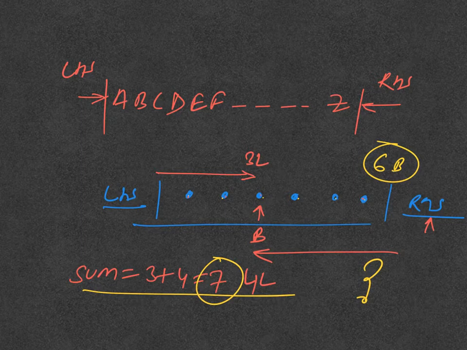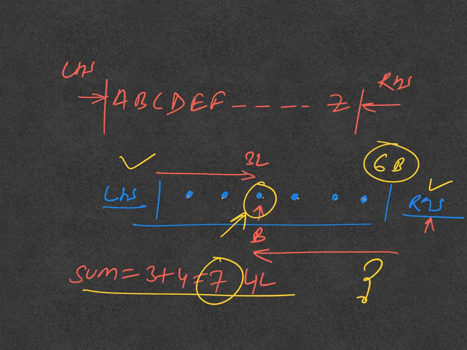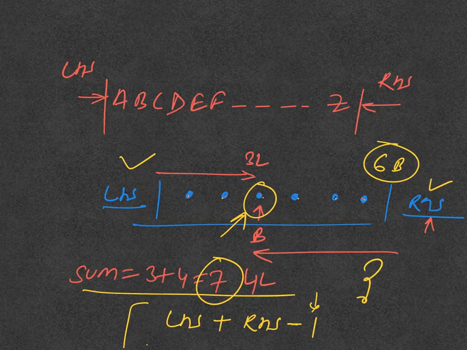The reason is we have counted the position of the boy B twice, once from the left hand side and once from the right hand side. So to balance the equation, we will form a formula. What would be the formula? Value from the left hand side plus value from the right hand side minus 1, because this minus 1 is for cancelling the extra count. So minus 1, it would be equal to total.